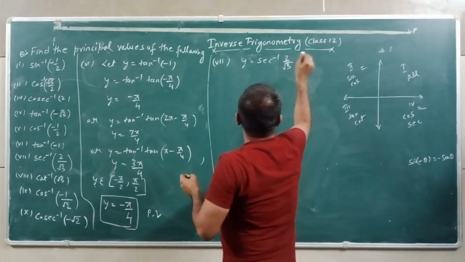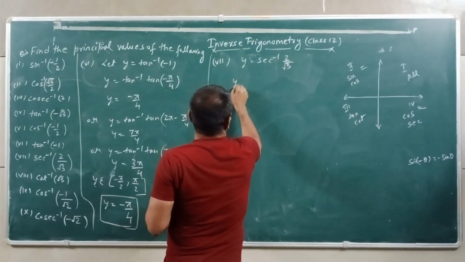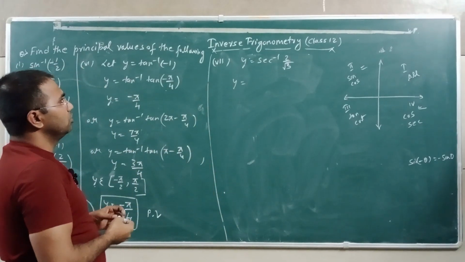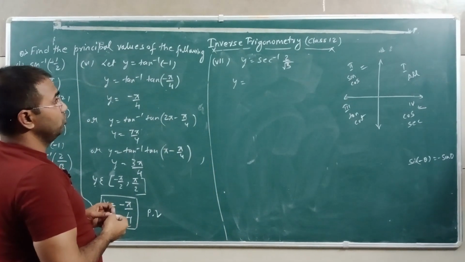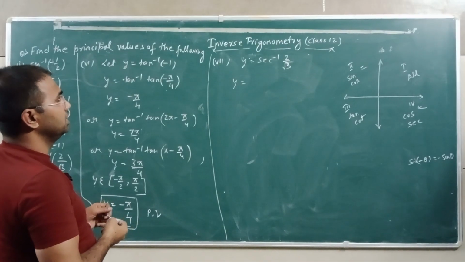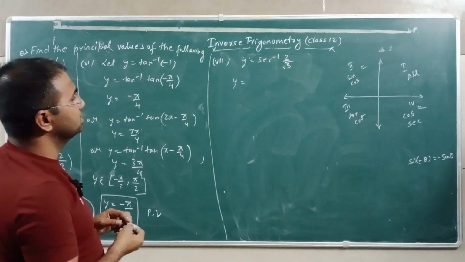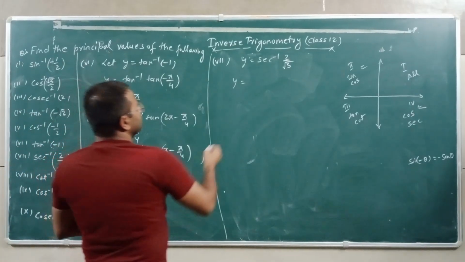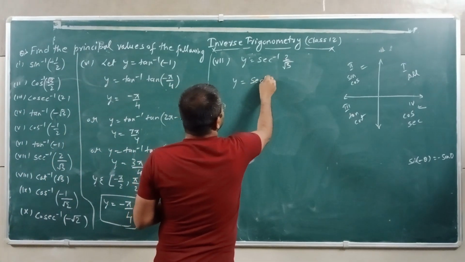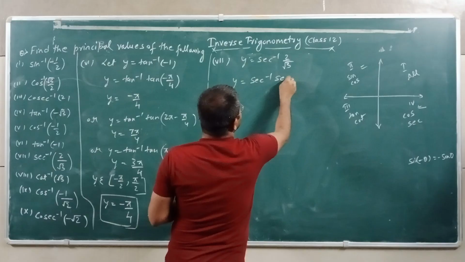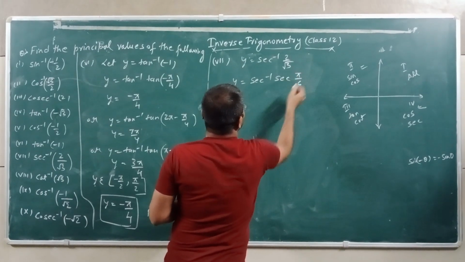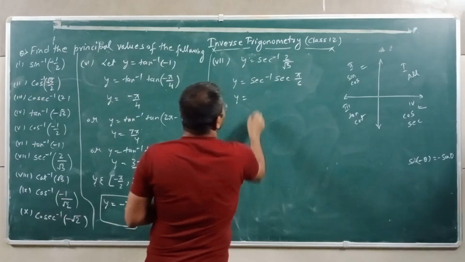As you know, sec is the inverse of cos, and you get the cos value root 3 upon 2 at a 30-degree angle, and 30 degrees is written in radian form as pi upon 6. So here you will write sec inverse sec pi upon 6.